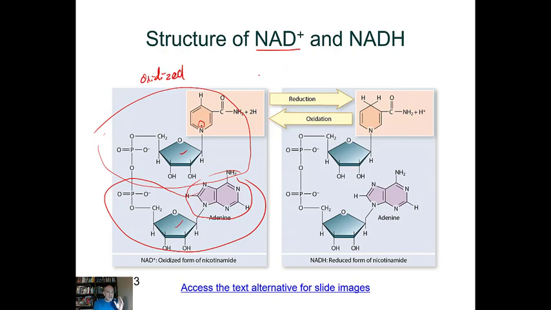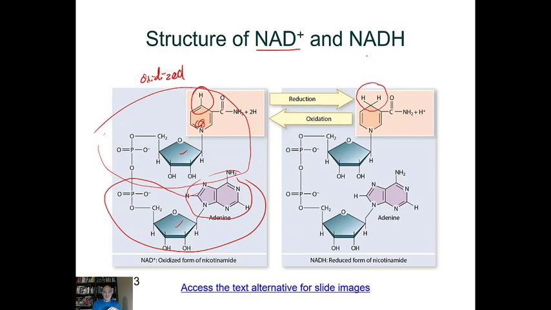Now remember, we are going to oxidize food and get electrons off the food, and we're going to take a hydrogen with the electron and attach it here. Now look at this position right here. Right there you have just one hydrogen. When we reduce the NAD, because we oxidize the food, we end up getting two hydrogens there. We've also put two electrons on there, which got rid of that positive charge that was right here.